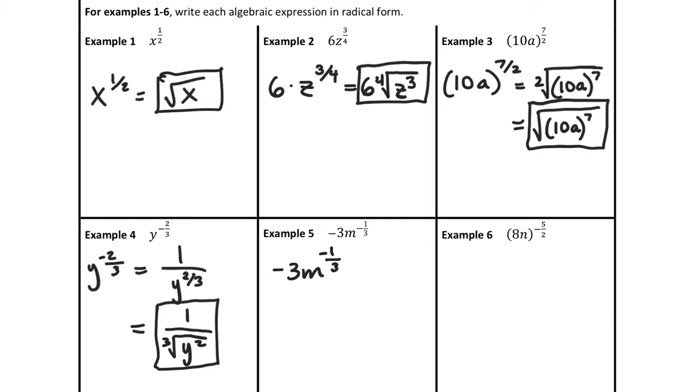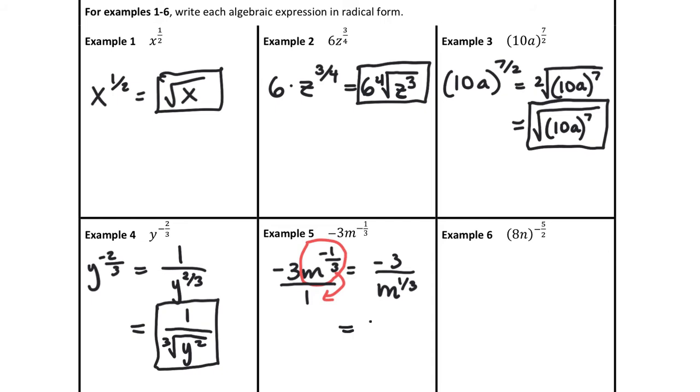So what we can do there is we could rewrite it as negative 3 on top, and on the bottom we're going to write m to the power of 1/3, because we're just using the rule that we can move this term here to the bottom, right? Because we assume that there's a 1 underneath, and so we can move this term to the bottom, but the negative 3 stays on top. The negative 3 stays on top, and so I have 1/3 on the bottom.